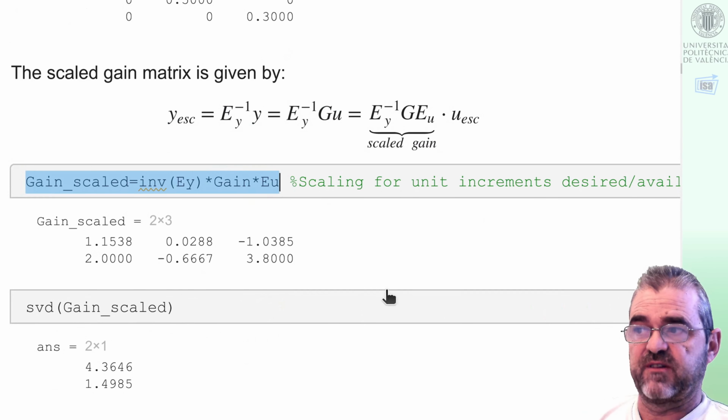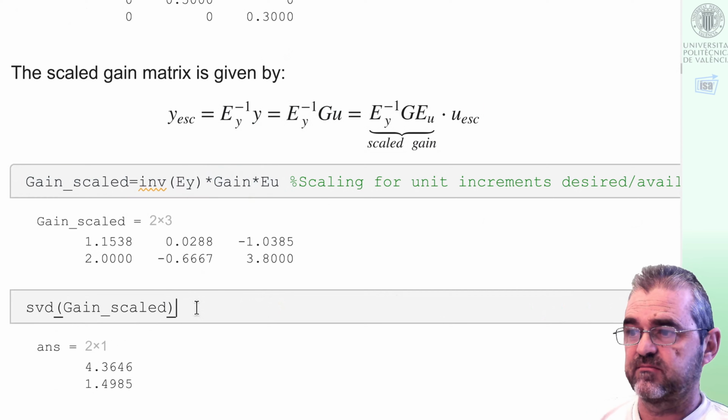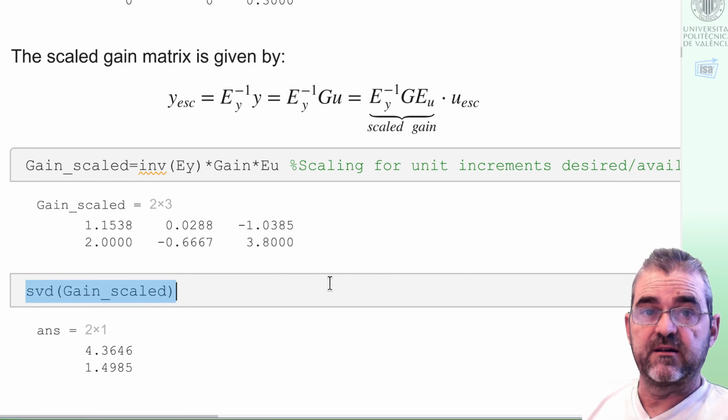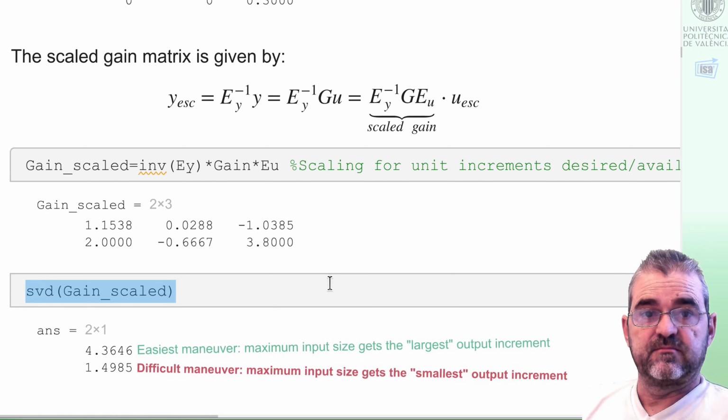Well, first, if I compute the scaled gain, then singular value decomposition gives me the minimum gain and the maximum gain. This means that when the input is a vector of norm 1, the output will have a minimum norm of 1.5 and a maximum norm of 4.4 in the most difficult or the easiest maneuver, respectively.